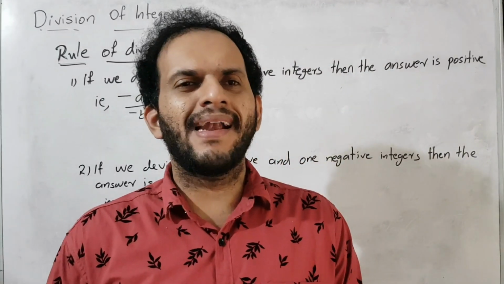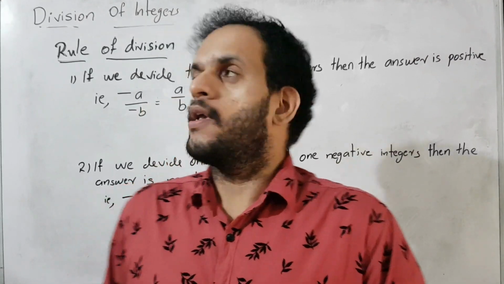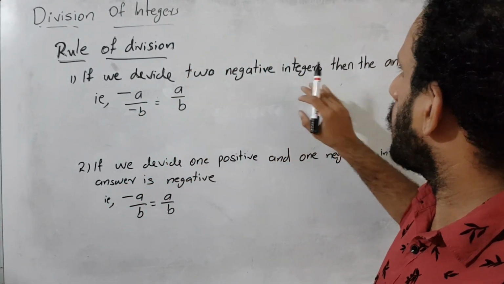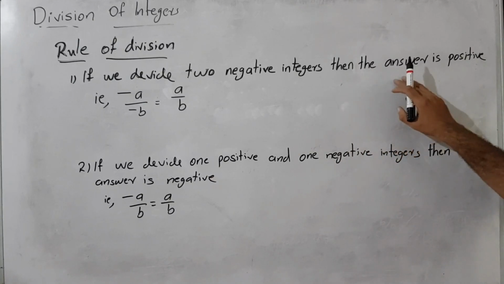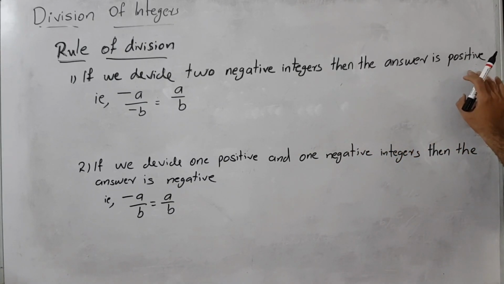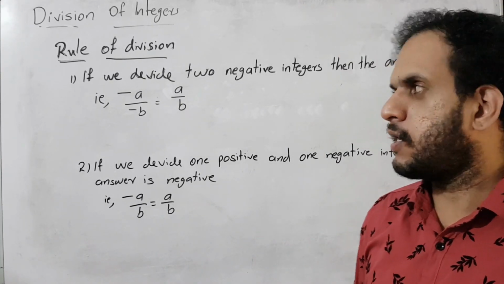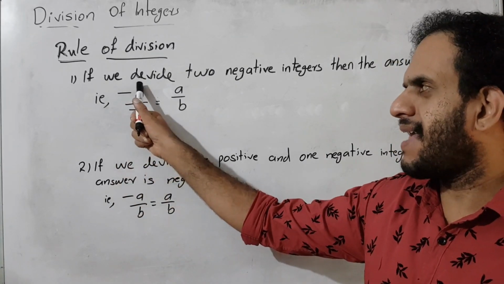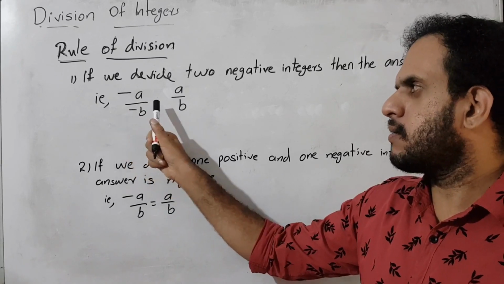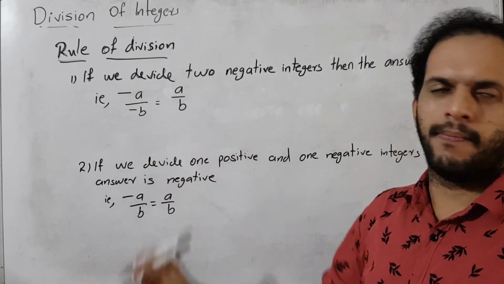If we divide two negative numbers, the answer is positive. So we conclude the idea like this. If we divide two negative integers, then the answer is positive. That is, minus a by minus b is equal to a by b.